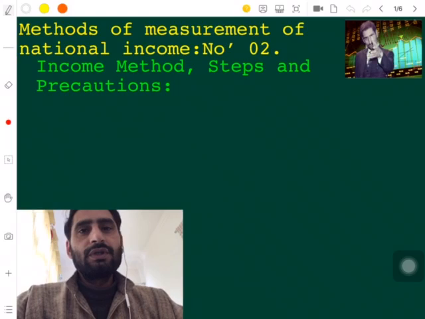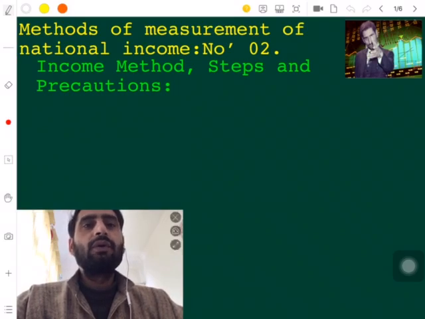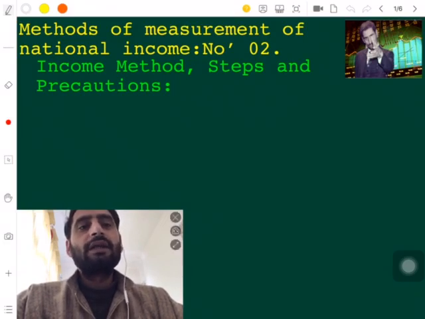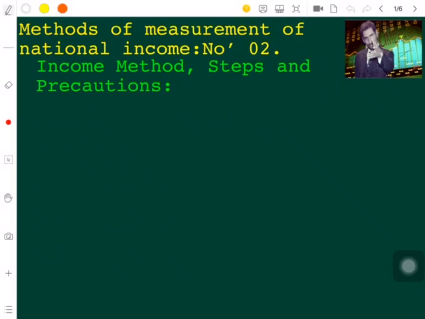First of all, we will look into what this method is actually all about. While understanding the method, we will first define it in the way we define everything.